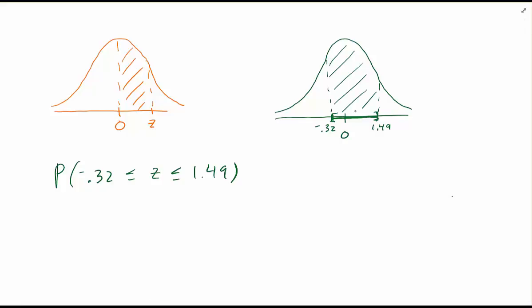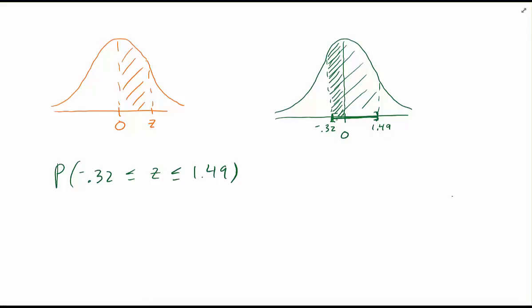Now I know when I go to the standard normal table, I can only look up positive values, but because of symmetry, if I look up the positive 0.32, I would get the area to the right, which is going to be the same as the area to the left, because 0.32 is the same distance to the right as negative 0.32 is to the left.